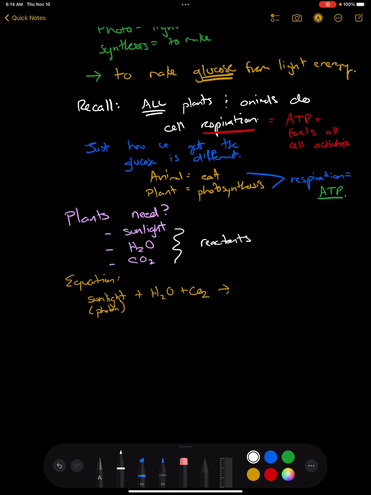We're trying to make glucose. Okay, that is our goal, to make glucose. What do plants also give us? They also give us oxygen. So these two things right here, these are products, but more specifically, oxygen is a byproduct because it is something made, but it is not used.